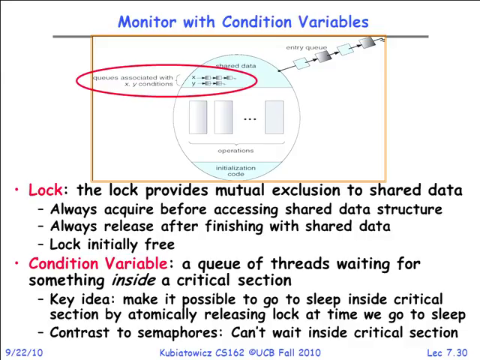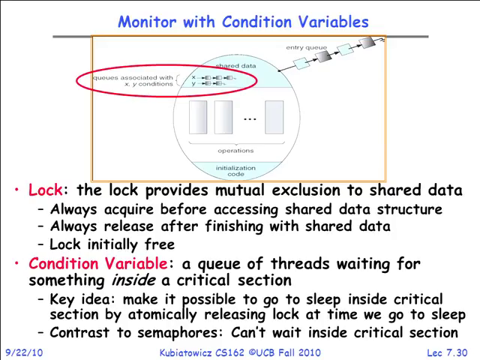If the condition isn't right, you go to sleep with the lock. And then later you release the lock. It's a stylized way of building synchronization, and condition variables have been designed so that you can go to sleep while holding the lock. Make sure you hear that, because it's a little different from what we talked about with semaphores, where that was right out.